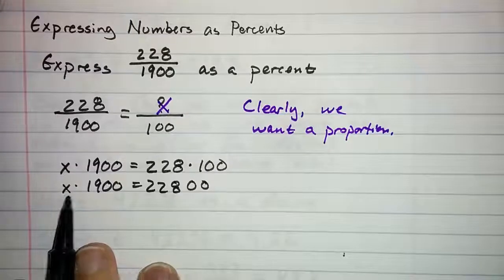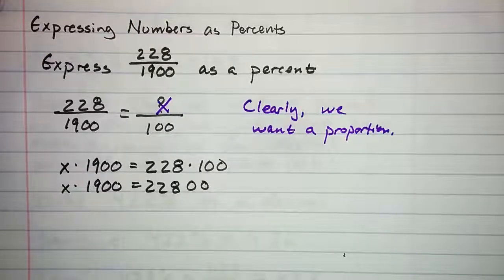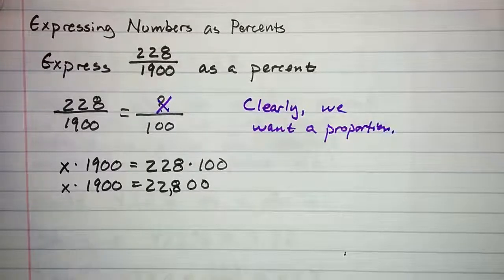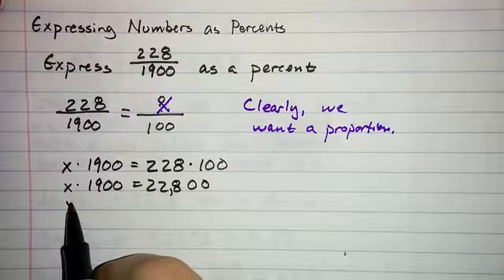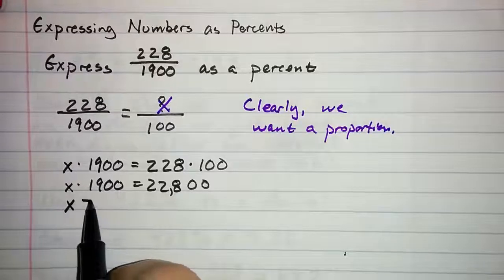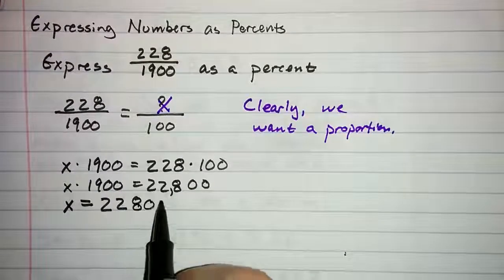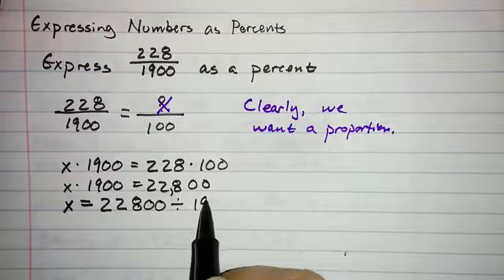So we want to know what is it that when we multiply it by 1900, we get 22,800. So what we want to know is, what is 22,800 divided by 1900?